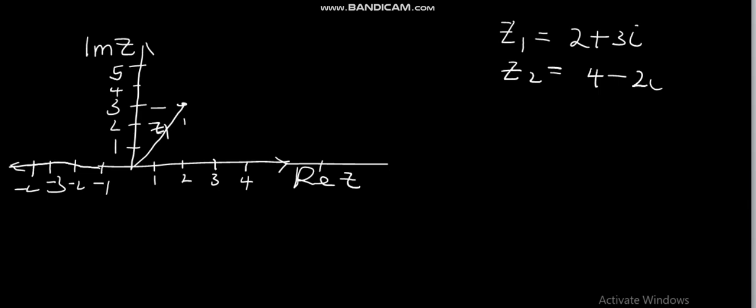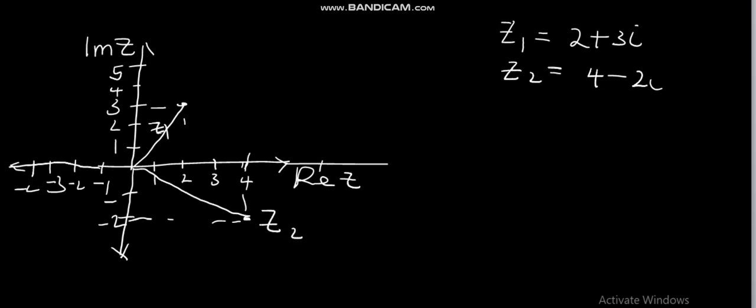And our z2 is 4 minus 2i. This is our 4 and our 2i. So this is our z2.